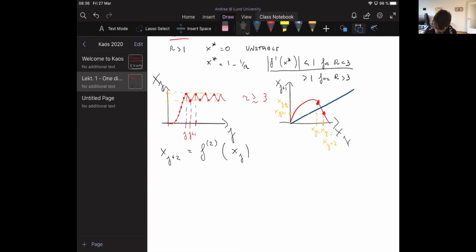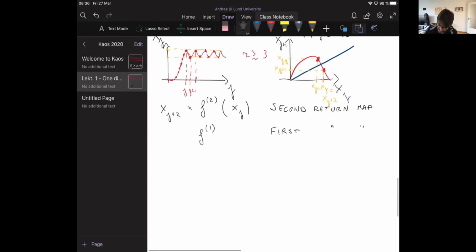So this is called second return map. And then I say that F1 is the first return map, and then I can have Fn, that is the nth.